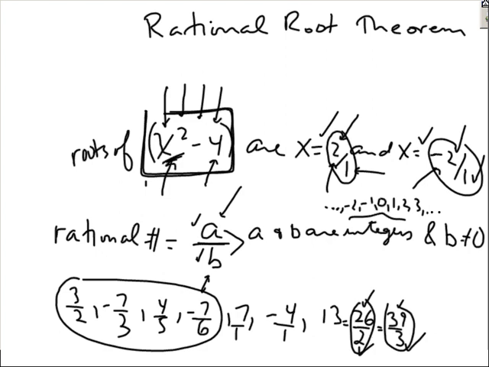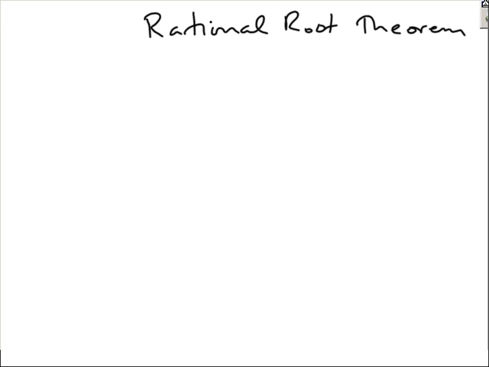Now that we know what a rational root is, it's a rational number that's a root of our function. It makes it 0. Roots and zeros are the same.